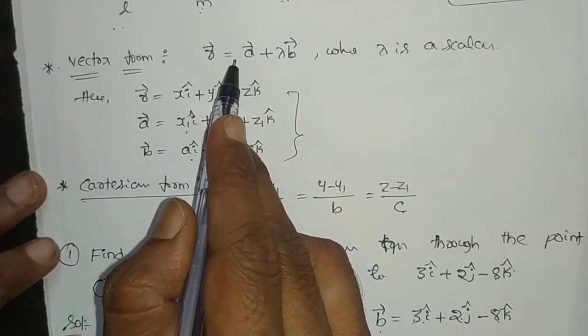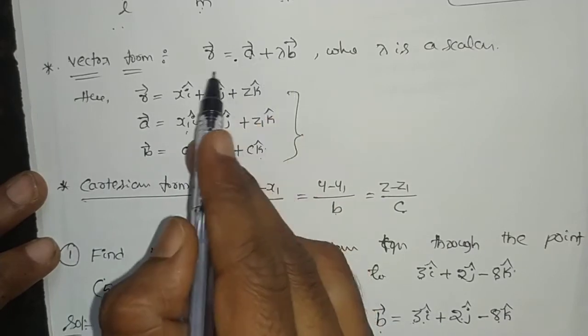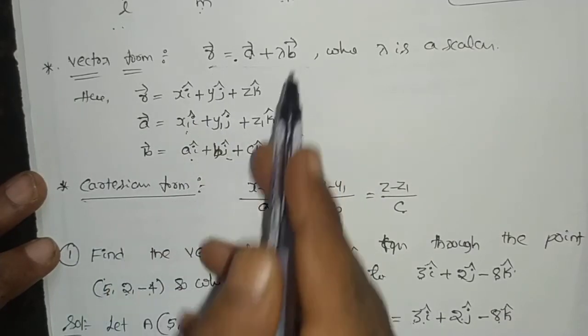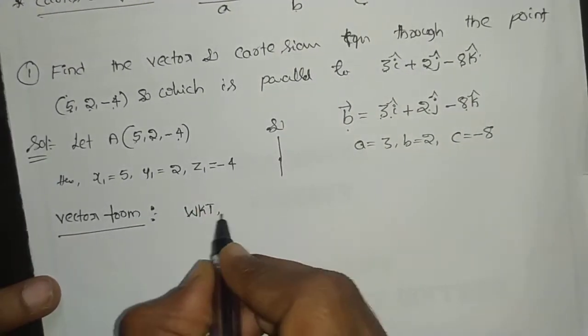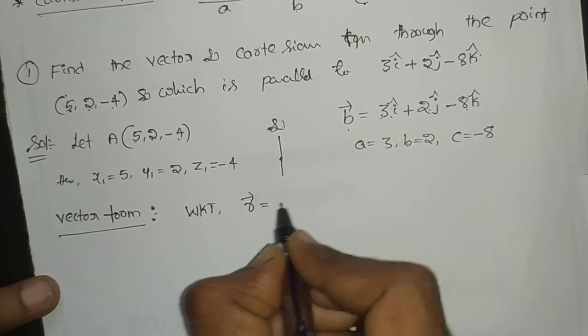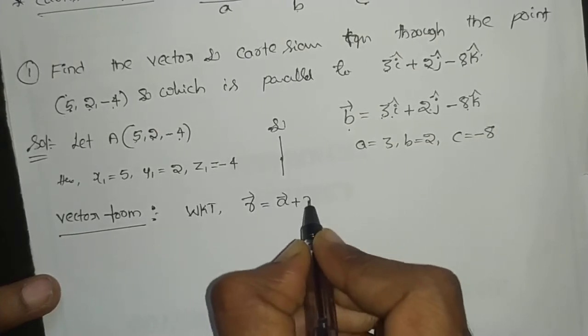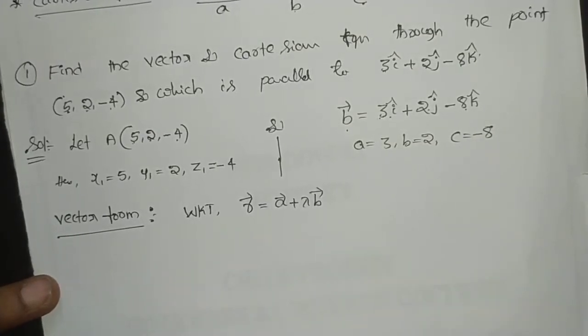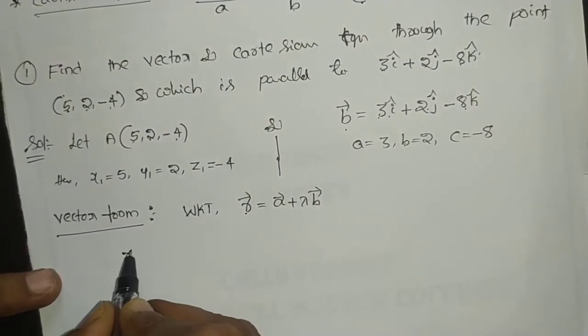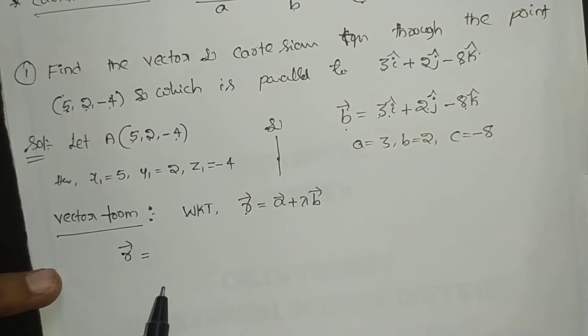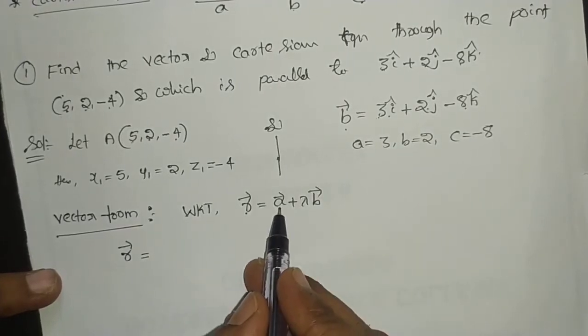In the problems also, you write down: we know that r vector equals a vector plus lambda b vector. Understand? Now r vector equals a vector.